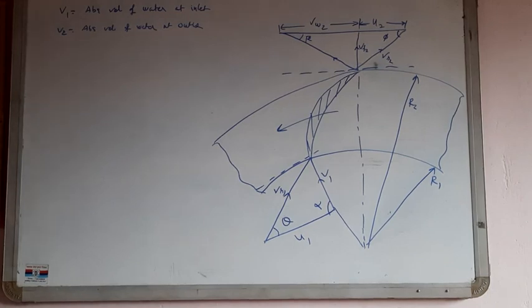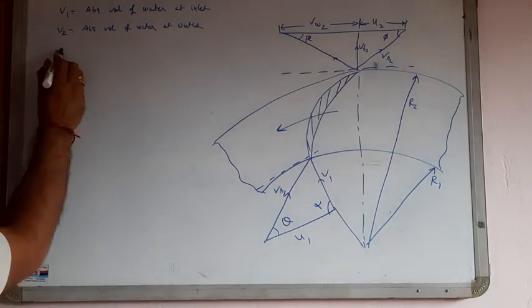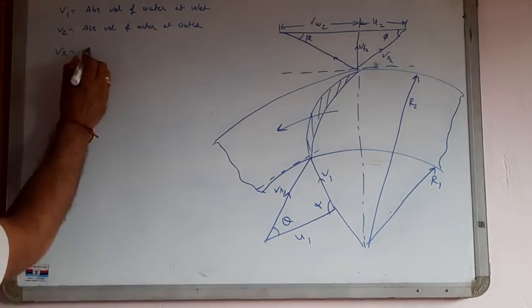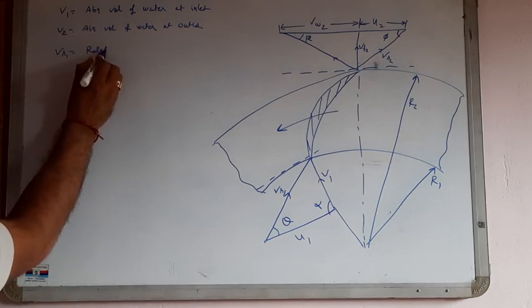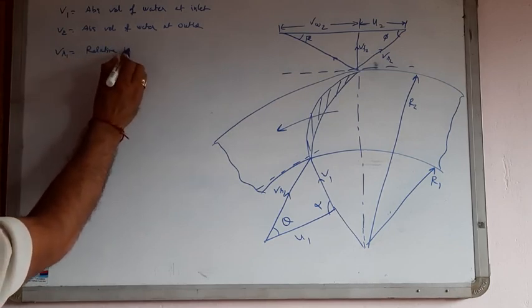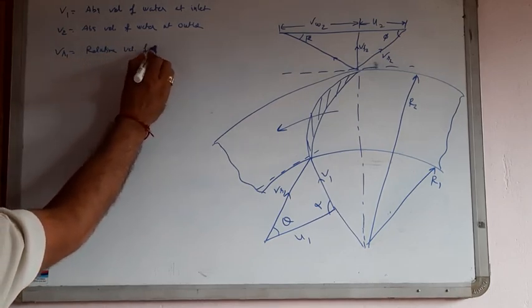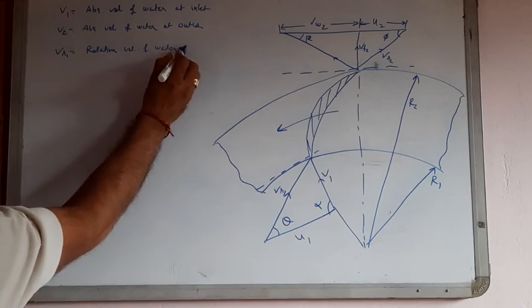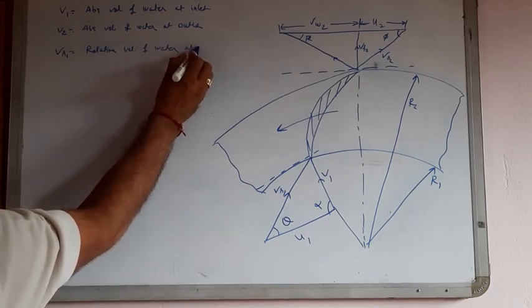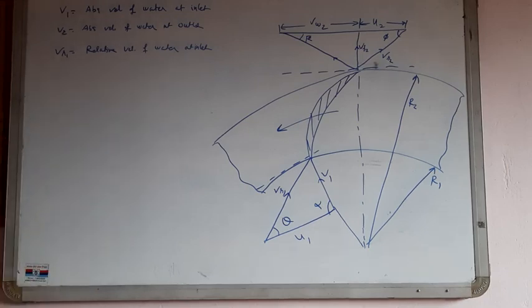VR1 is relative velocity of water at inlet.